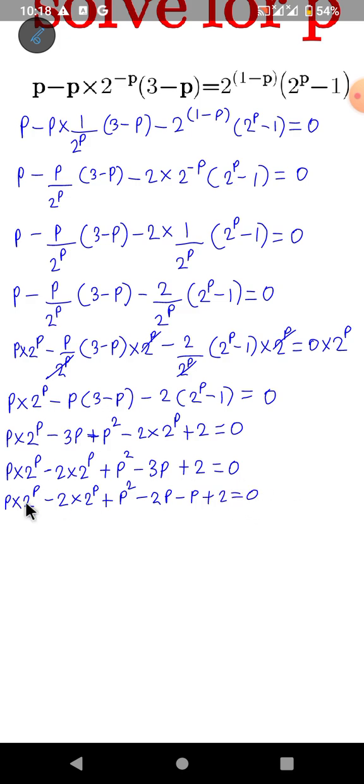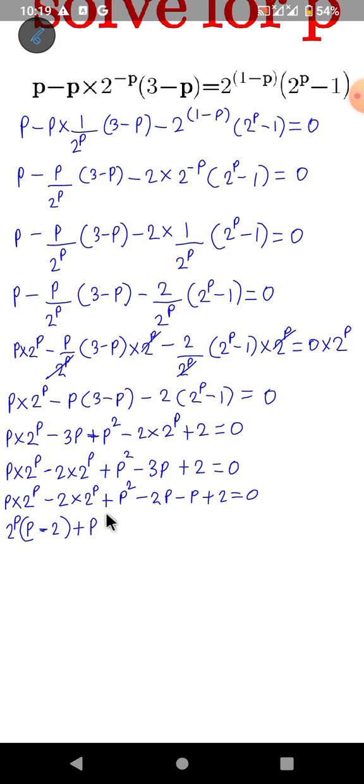Now I'm going to factorize this. The HCF between this and this is 2 raised to the power of p. So say 2 raised to the power of p, open bracket. Now p times 2 raised to the power of p divided by 2 raised to the power of p, we have p left, minus 2 times 2 raised to the power of p divided by 2 raised to the power of p, we have 2. Then again, the HCF between p square and minus 2p is p.